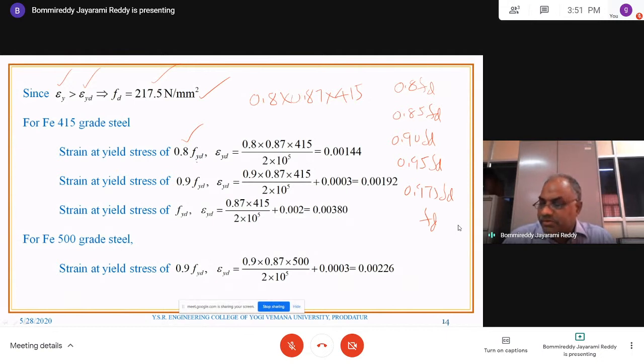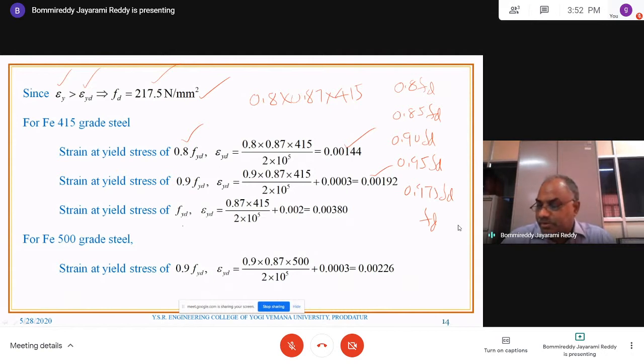The design yield stress of 0.8 times, the strain equals that stress value divided by the modulus of elasticity. It is 0.00144. And similarly, the strain at a yield stress of 0.9 Fyd, you put 0.9 and write it, and the strain will be 0.00192.